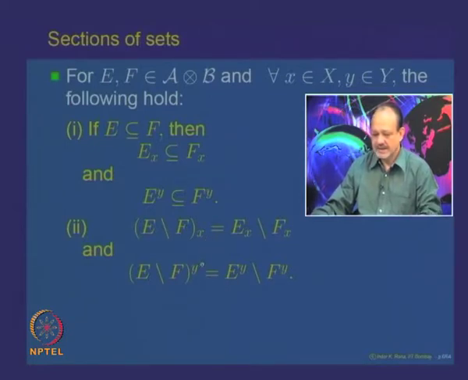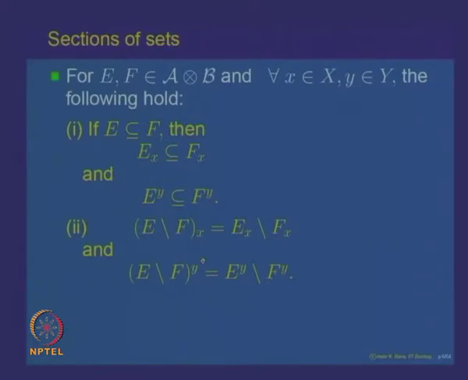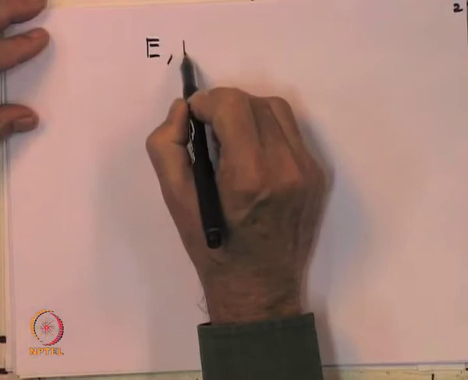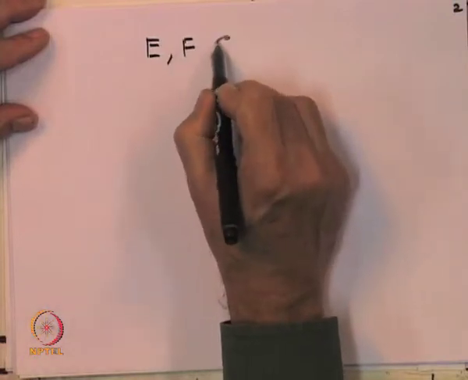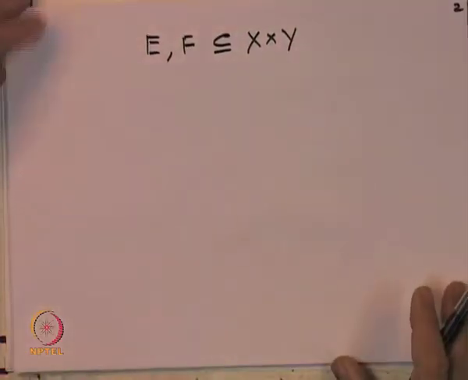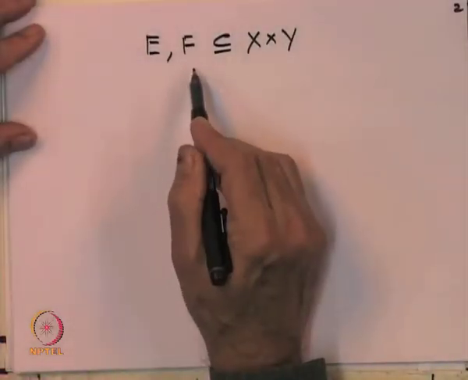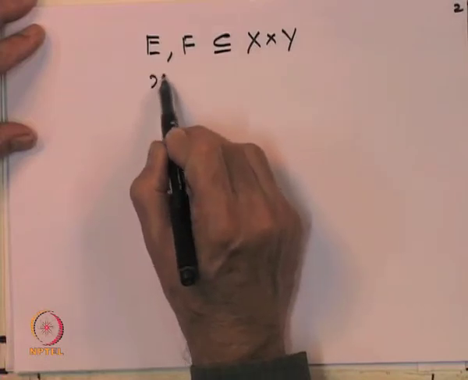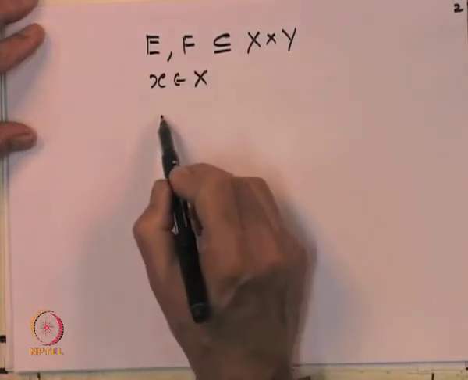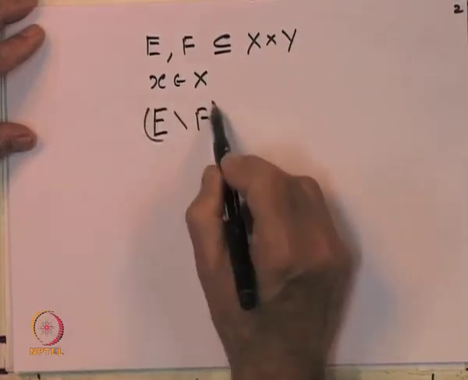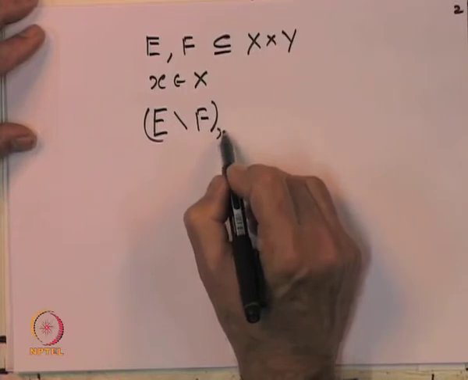So let us analyze this, namely that E and F are subsets of X cross Y. We are going to look at the difference and the sections. x is a point in X. So let us look at the section of E minus F at the point x.